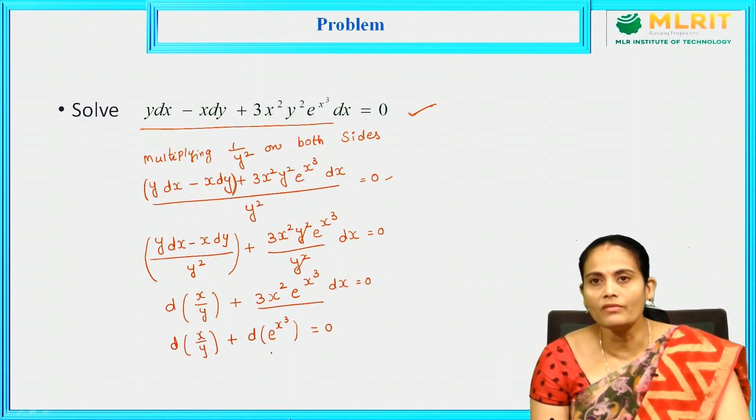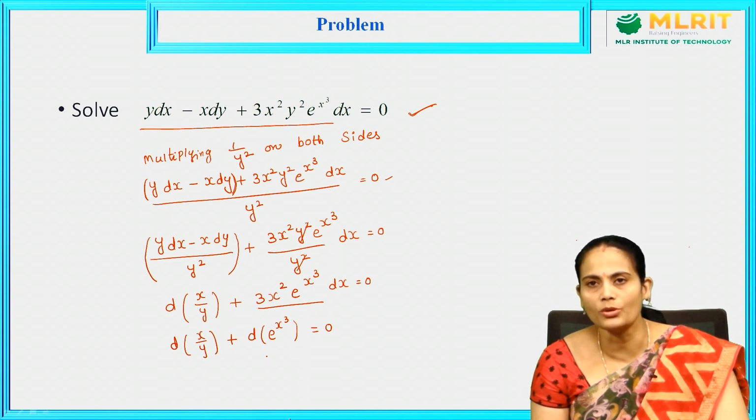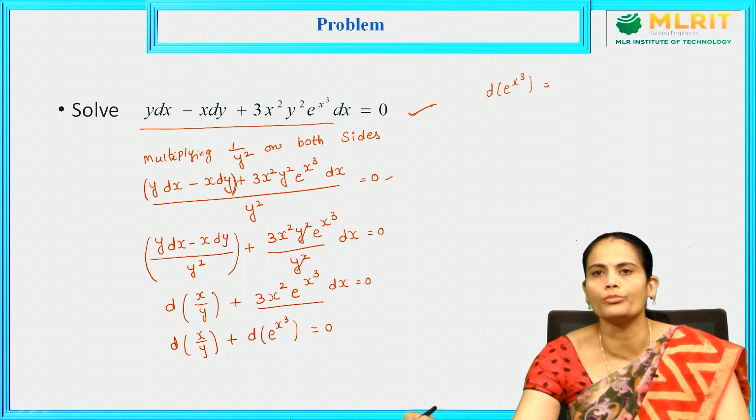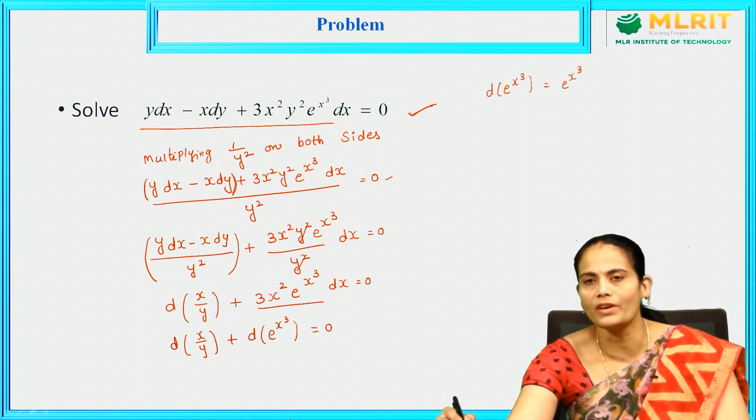So how can we get this term 3x square into e power x cube? Let's cross check. What is the derivative of e power x cube? The derivative of e power x is e power x, but in the power we have x cube, so we have to multiply by the derivative of x cube.